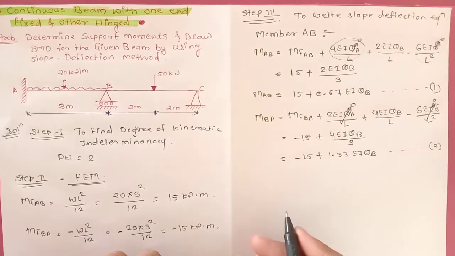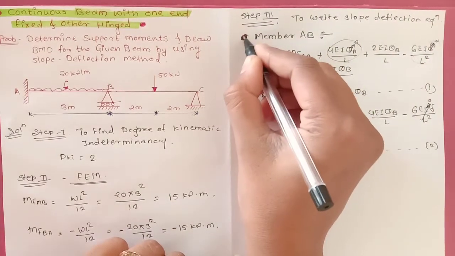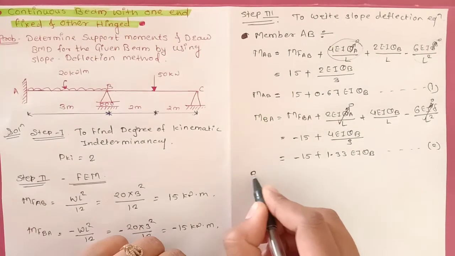Then next, slope deflection equation for member BC.